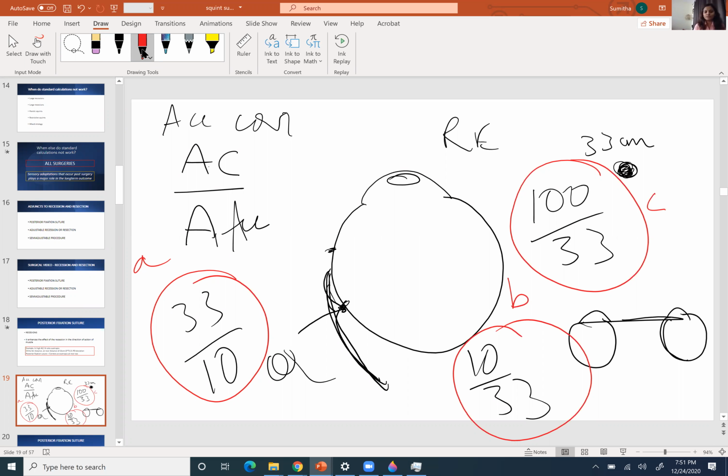All you have to do is put one letter on your chat box. Let me see how many of you guess correctly. What is the amount of accommodation you need for a target which is 33 centimeters in front of you?